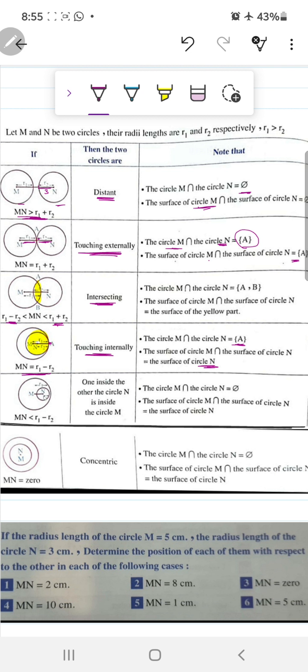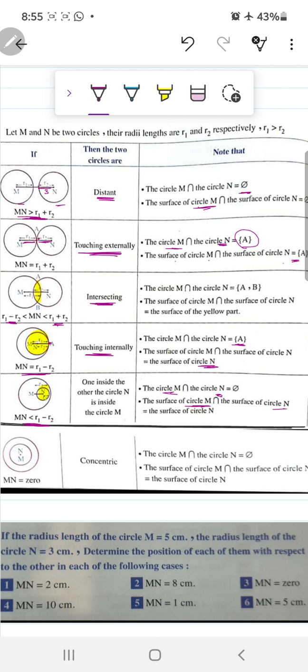Here we have circle N inside circle M. So we have here MN is smaller than the difference between the two radii, so MN is smaller than R1 minus R2. And we said before R1 is the greatest. The intersection between circle M and circle N is phi. We don't have any intersection between them. But the surface of circle M intersection the surface of circle N is the circle N.